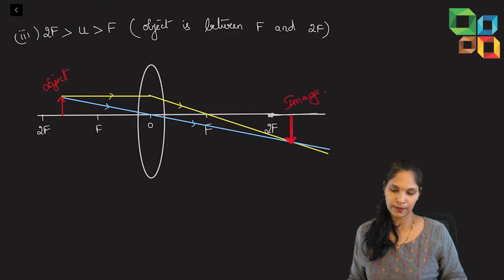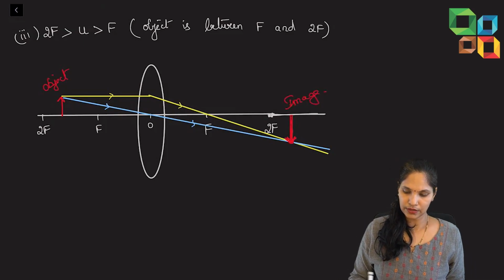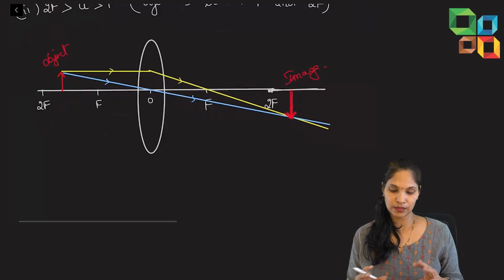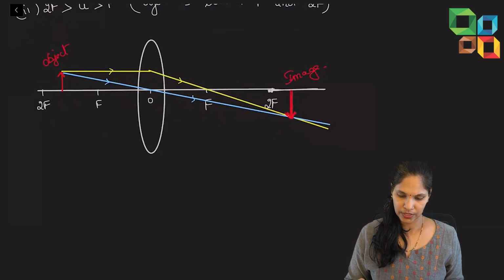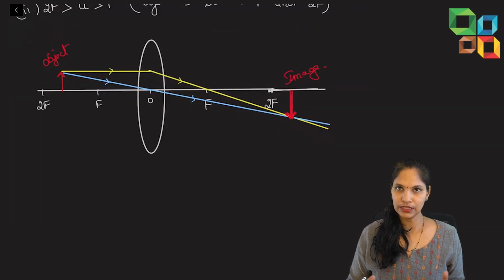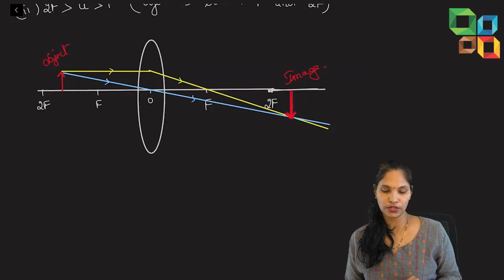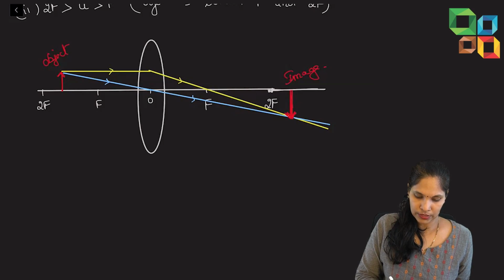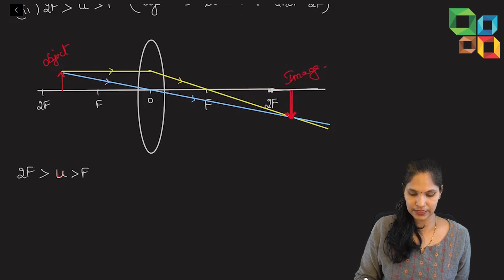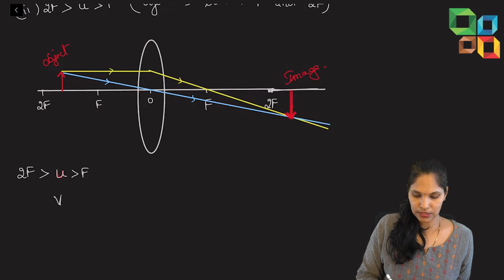of the object. If you see here, what do you find? The image size is a little bigger, so enlarged. Inverted, still inverted only, so it should be real. And you see, the image is beyond 2f. So when the object is between f and 2f, that's greater than f, less than 2f, image is beyond 2f.